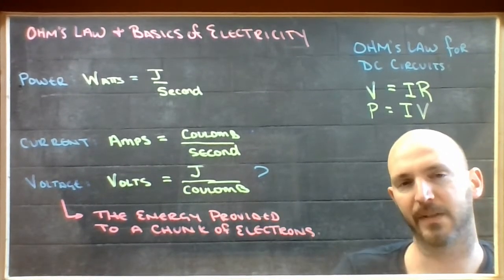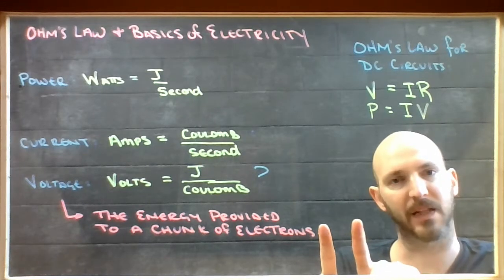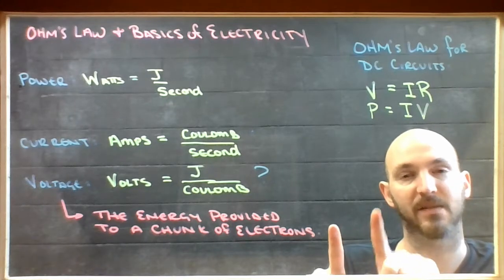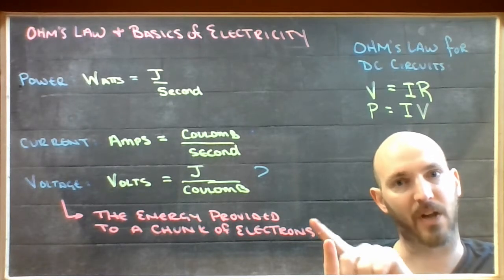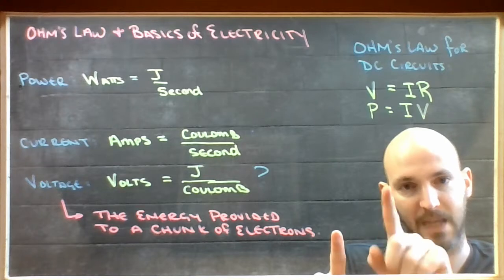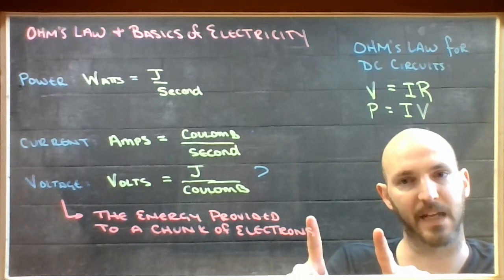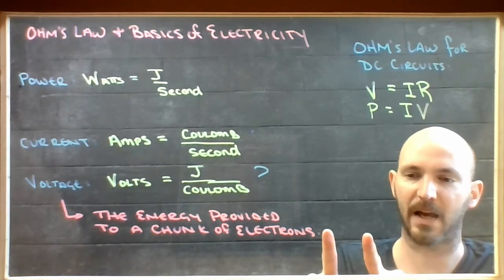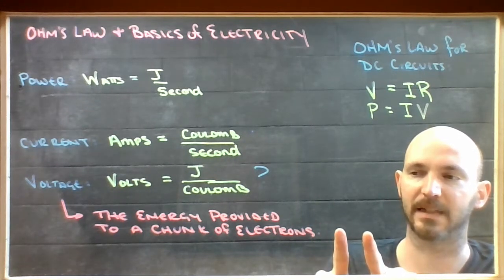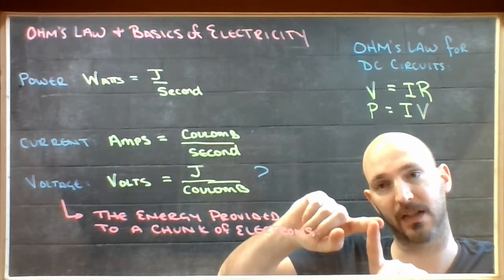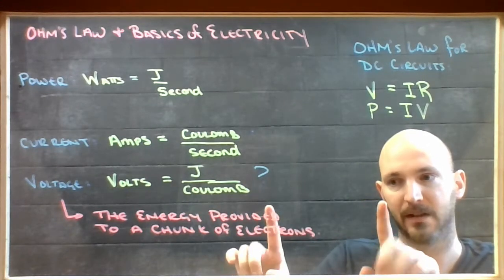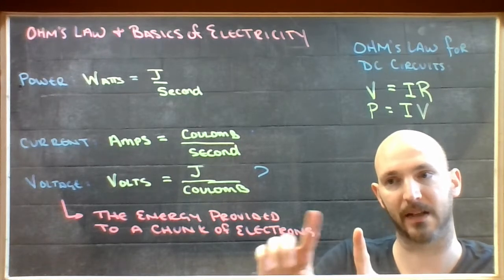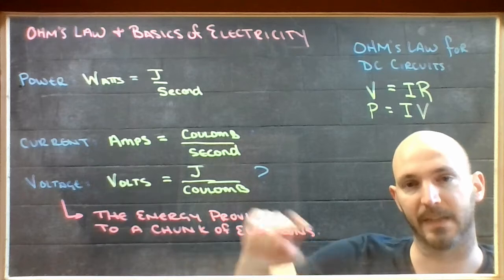So in a battery, for example, you have two metal plates and they're immersed in acid, and the acid rusts one, which takes the electrons off of that plate and deposits them on the other, and it ends up like unrusting this one. So inside of a battery, you're rusting one plate and unrusting the other, and that has pushed electrons from this plate to that plate, and that kind of creates a vacuum, so another electron moves in behind, and then you end up driving them in that direction.